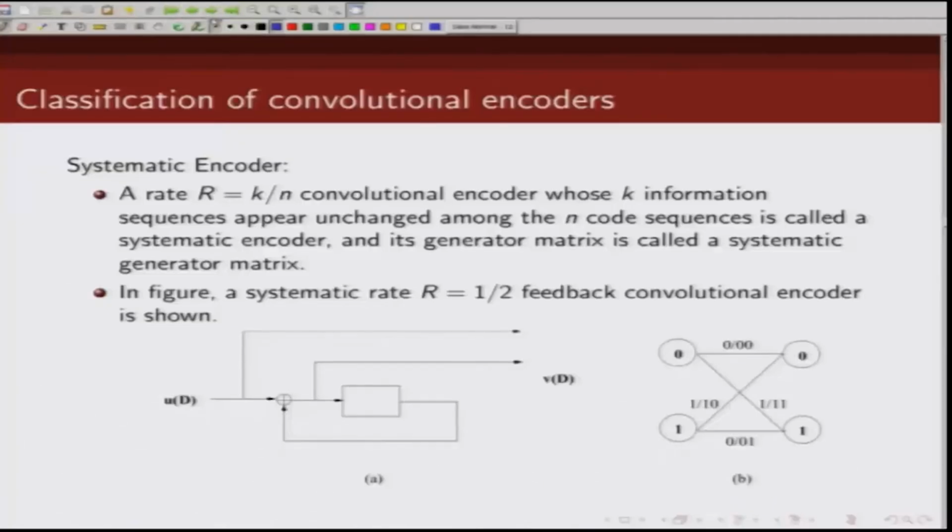In a partially systematic encoder, we can see a fraction of these k information bits, maybe few bits from 1 to k minus 1, and in a non-systematic encoder we cannot see any information bit directly in the output. So, all the parity bits are essentially linear combinations of current and past inputs and outputs.